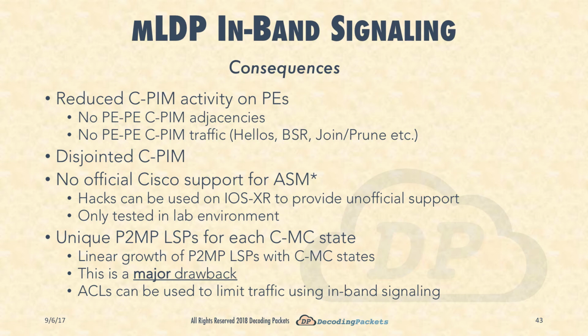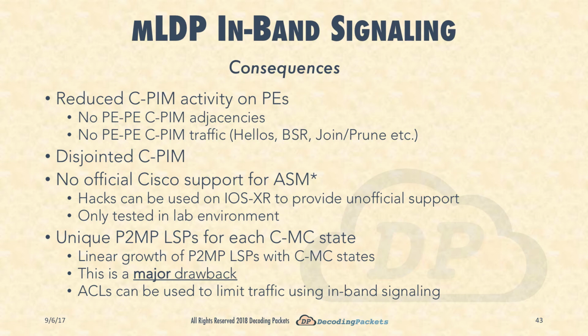We'll discuss them. Now, unique point-to-multipoint LSPs have to be created for each multicast state. I repeat that, for every single S, G state. Remember, we're only supporting SSM officially here. So for every single S, G state, you would need a unique point-to-multipoint LSP. If you think about it, there is linear growth of the point-to-multipoint LSPs as the customer multicast states grow.